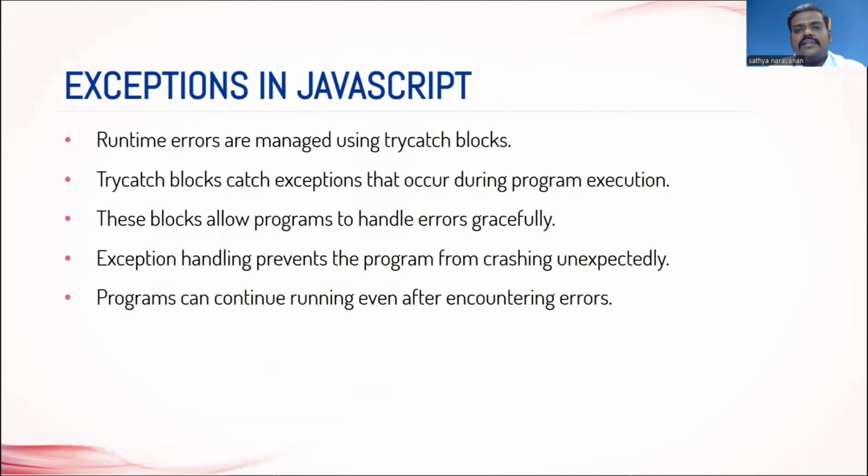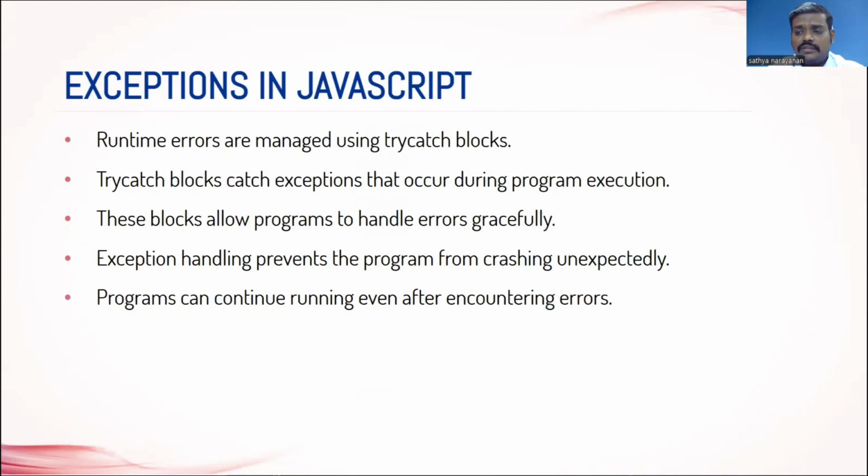So exceptions in JavaScript: runtime errors are managed using try-catch blocks. Try-catch blocks catch exceptions that occur during program execution. These blocks allow programs to handle errors gracefully. Exception handling prevents a program from crashing unexpectedly.